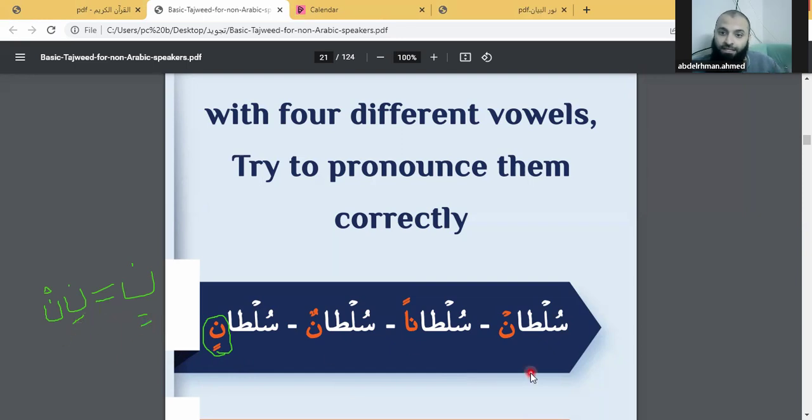So they are sharing the same rules because they have the same sound. Sultan, sultanan: I pronounce it like noon fatha followed by noon sukun. Nan. سلطان. This question is very important: why do noon sakina and tanween share the same rules? Because they have the same sound.